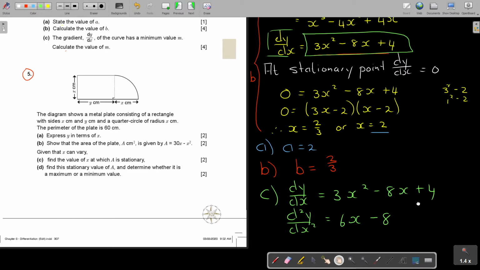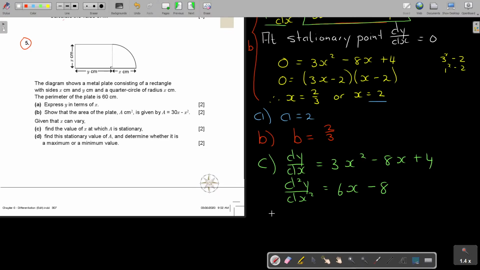And again, for the stationary point, when d squared y over dx squared equals 0. So when this is 0, okay.